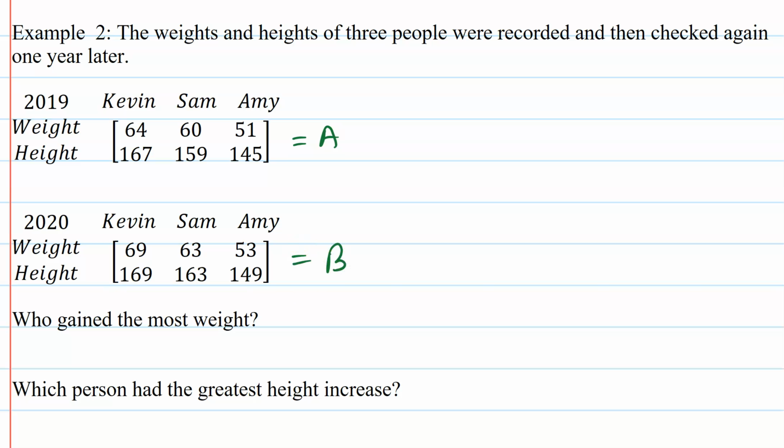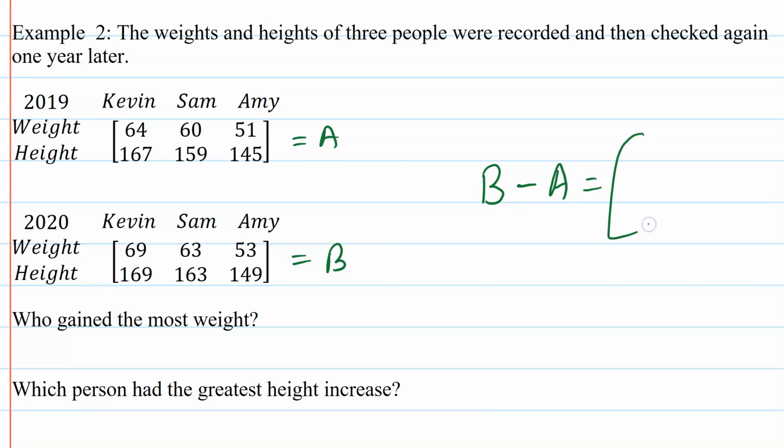Then what we can do is, either using the CAS calculator or by hand, subtract. Now this is the 2020 figure, this is the 2019 figure. Therefore what we have to consider is B minus A. So we assume either the weight or the height has increased, therefore B has to be bigger. So you should get positive answers.